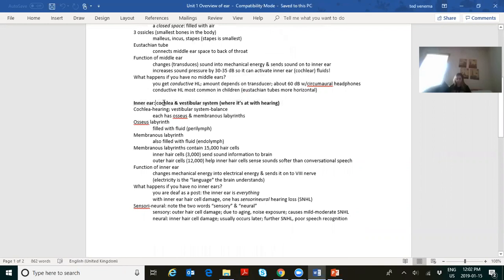There's that word, C-O-C-H-L-E-A, cochlea. The cochlea is hearing. Vestibular system means balance. Each has what they call an osseous and a membranous labyrinth. That means it's got tunnels through the bone, and it's also got membranes inside.